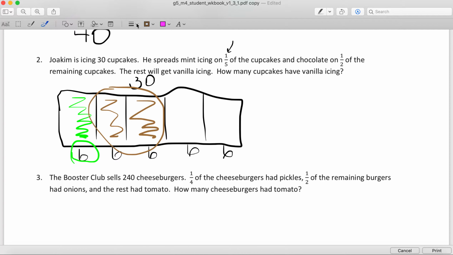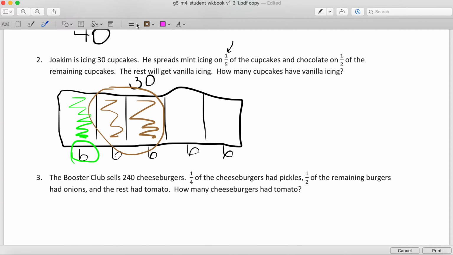So that means that 240 minus 60 is how much? It's 180. And we saw that here because 60 plus 60 plus 60 is 180.